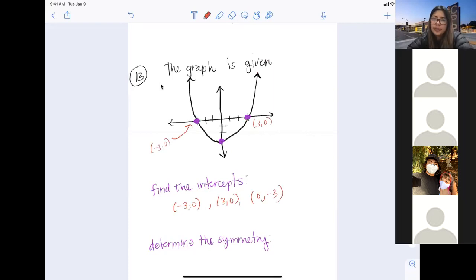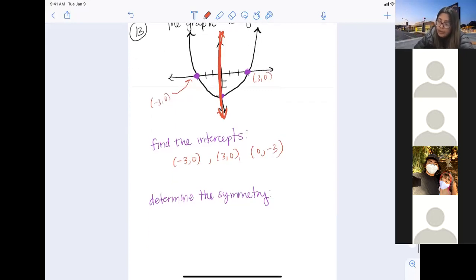Those are your intercepts. Now, this graph is symmetric towards the y-axis. Okay. Because it could be towards the x-axis, towards the origin, or towards the y-axis.